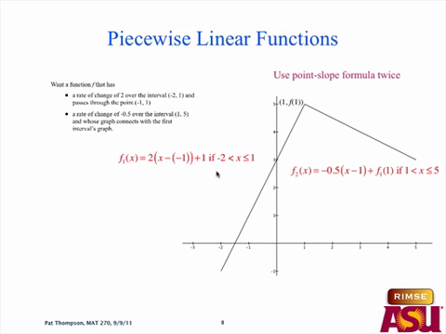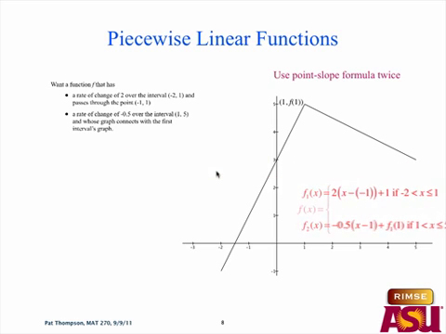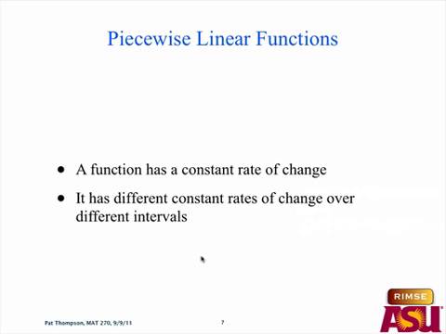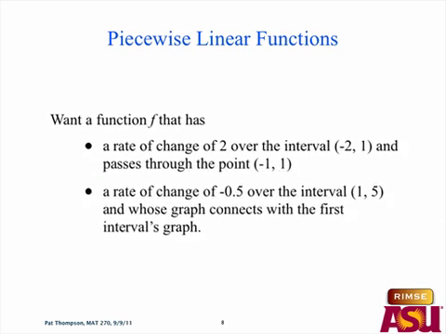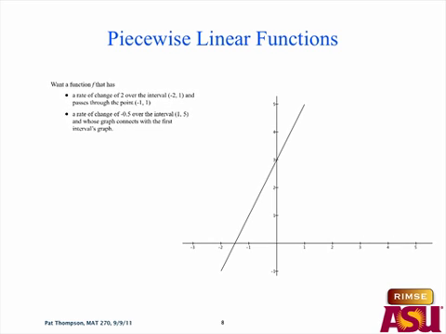To make the one function that's both of those put together, here's what we do. You stack them on top of each other, and here's the first rule for x values in this interval.